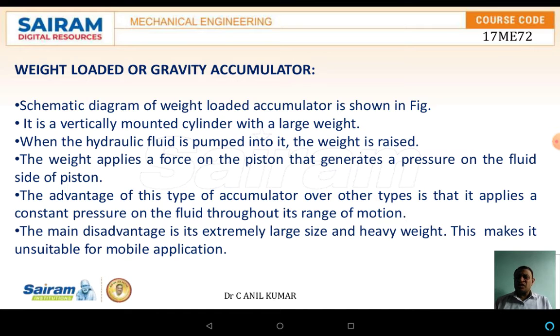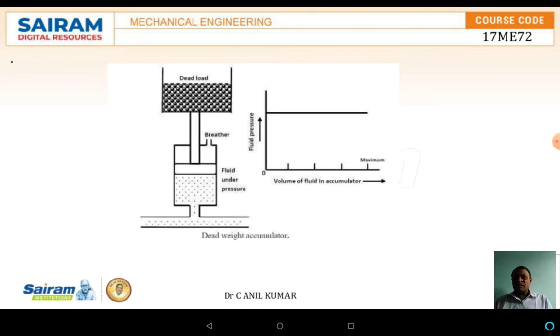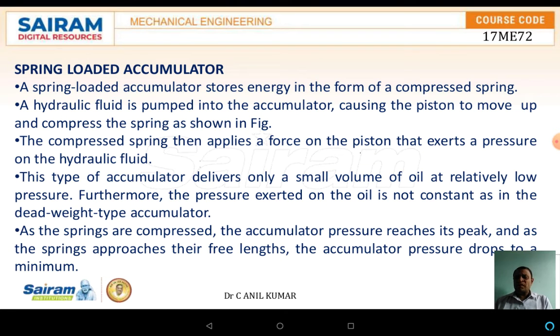This is one of the major drawbacks of weight loaded accumulators, also called gravity accumulators. Here, a dead weight is applied in the cylinder where the breather and a fluid flow valve are present, and constant weight is maintained throughout the operation. This is the principle of the dead weight or weight loaded accumulator.